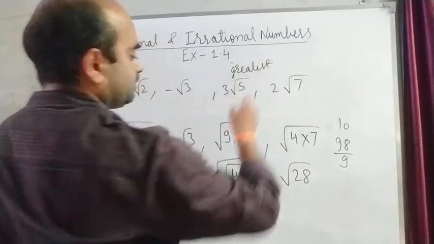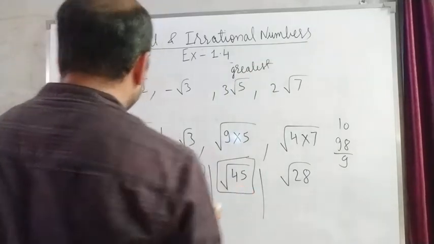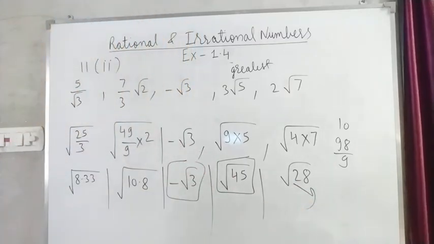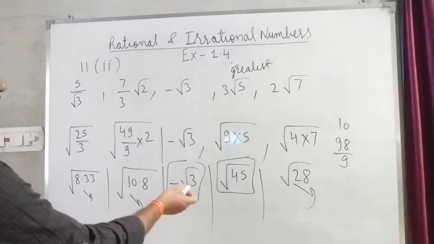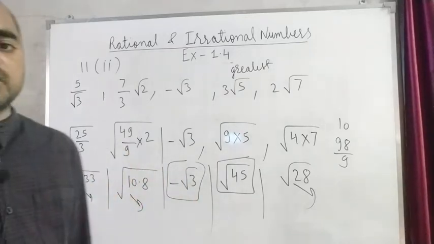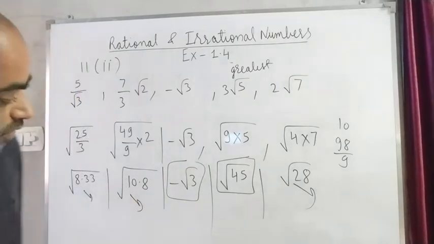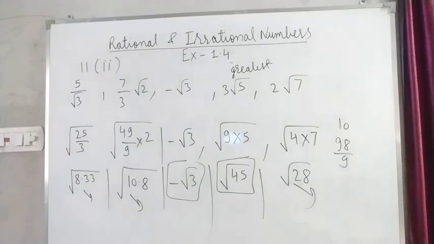After root 45 we can take root 28, then root 10.8, root 8.33, then at last the negative number. Why? In descending order numbers are written greatest to smallest. Clear?